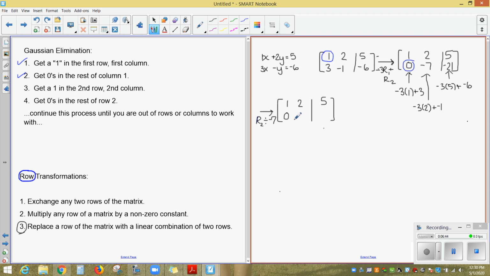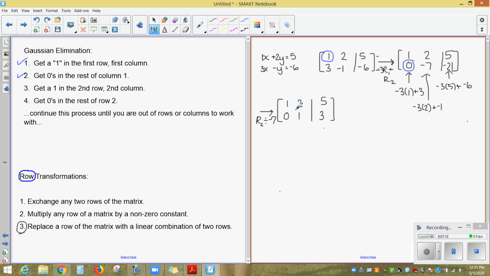And the big thing we have to make sure of is once we have a 1 where we want it, we don't ever do anything to screw that up again. Once we have our 0 where we need it, we're not going to do anything that screws up that 0. But 0 divided by 7 is still 0. Negative 7 divided by itself is positive 1, which is what we want. And negative 21 divided by negative 7 is positive 3.